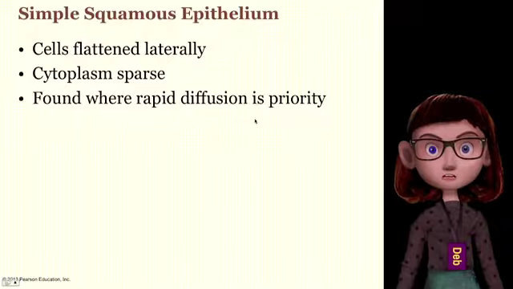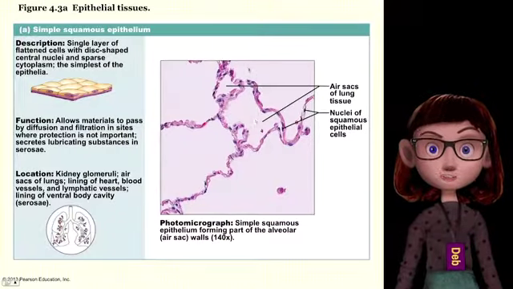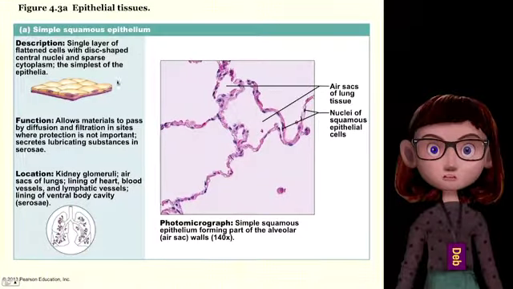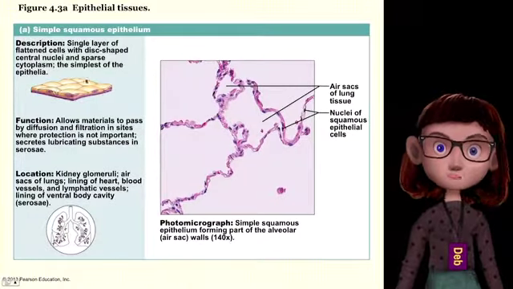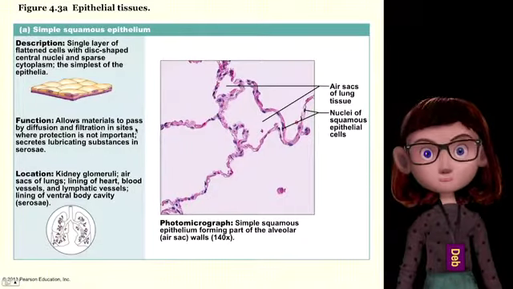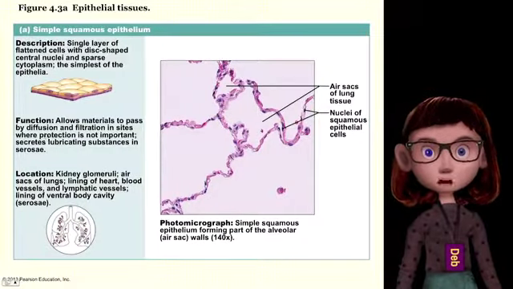And if you think of that last slide, here it is again in the lungs. When you have a single layer of flattened cells, you've got disc-shaped nuclei and sparse cytoplasm, it functions to allow materials to pass through very quickly via diffusion and filtration.